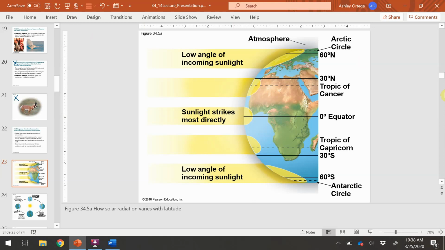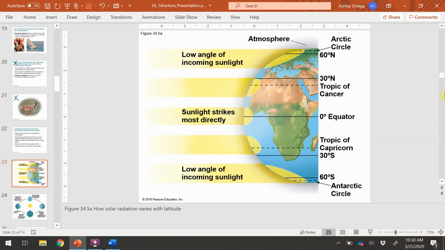So as it hits most intensely at the equator, that's going to produce warmer temperatures in that region. And we'll see that in another picture. Moving upward, more north and more south, these tropical regions, Tropic of Cancer and Tropic of Capricorn, are getting a good amount of sun, but not as direct as the equator.